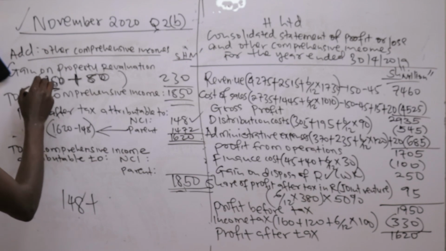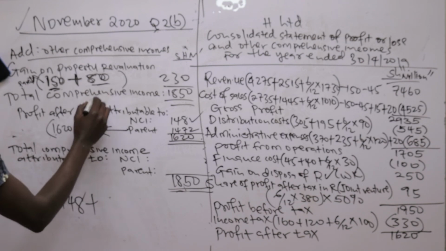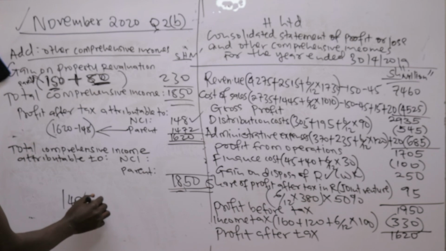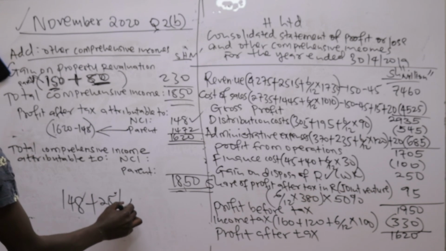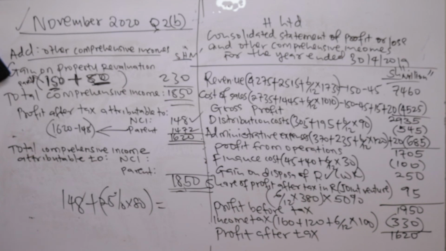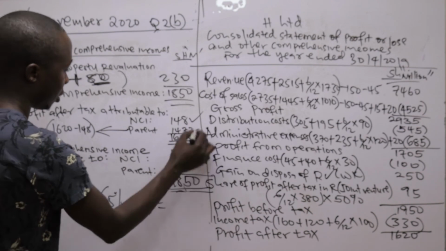So this 150 goes to the parent. This is for the parent. But for 80, there's a share for NCI. So 25% of the 80, so 0.25 times 80, that one gives me 20. So 148 plus the answer, I'm getting 168.